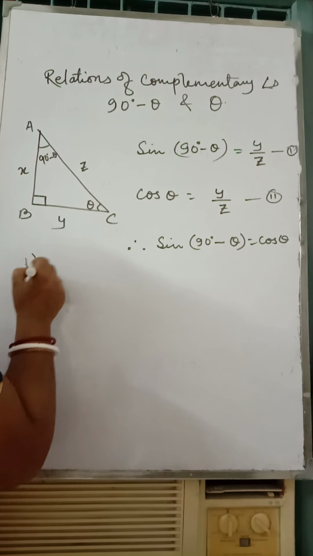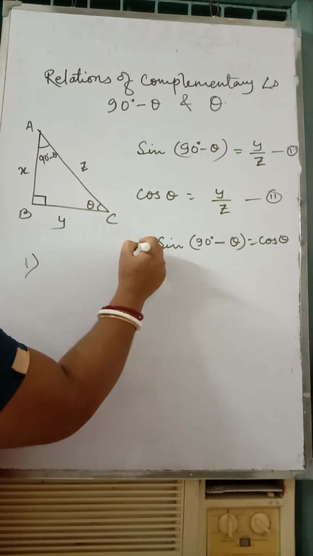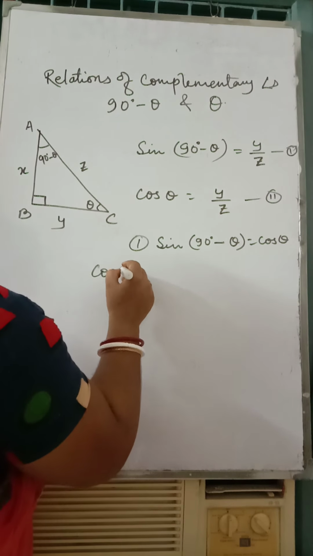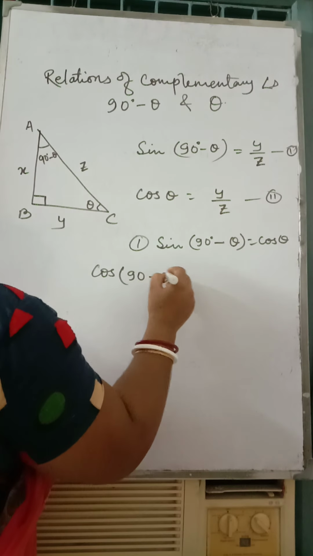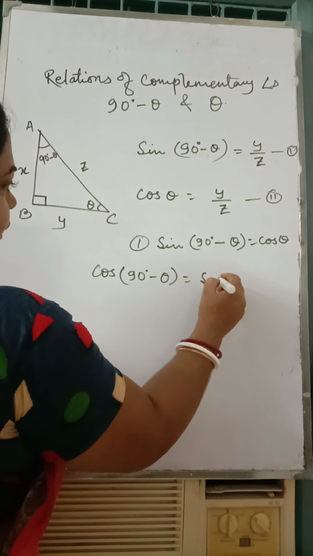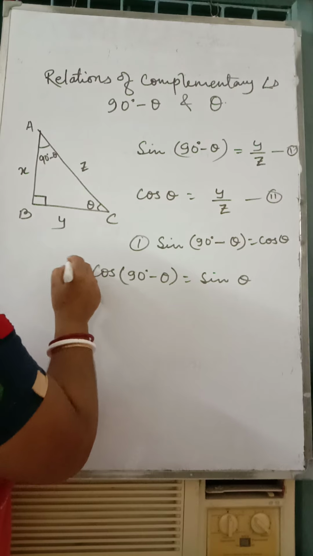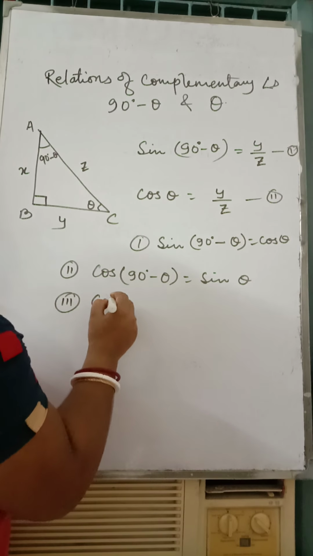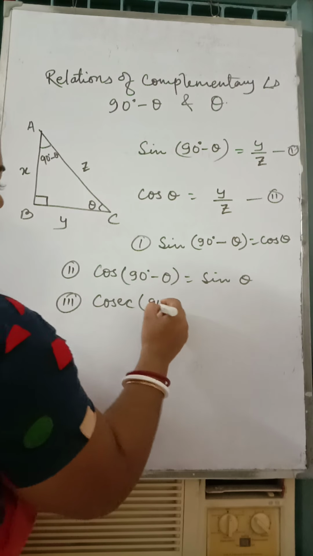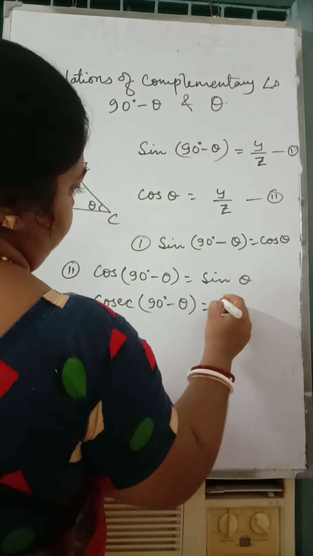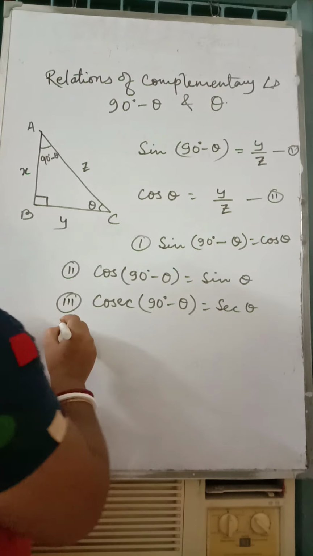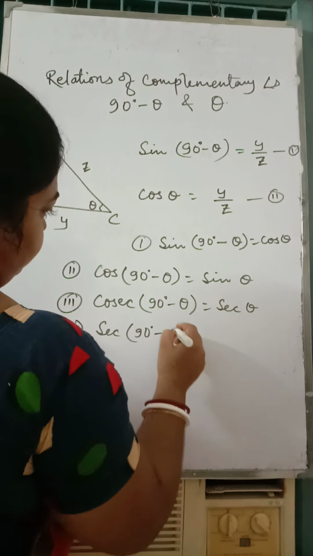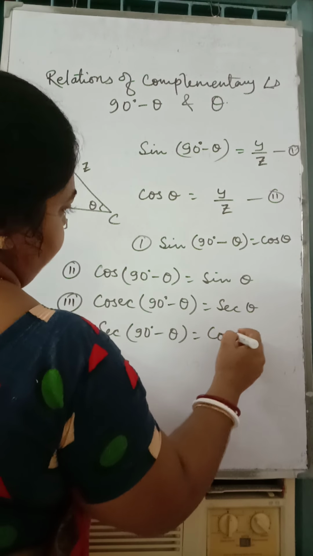What are they? First, we found this: sine 90 minus theta is equal to cos theta. Cos 90 minus theta is equal to sin theta. Opposite to sin is cosec: cosec 90 minus theta is equal to sec theta. Sec 90 minus theta is equal to cosec theta.